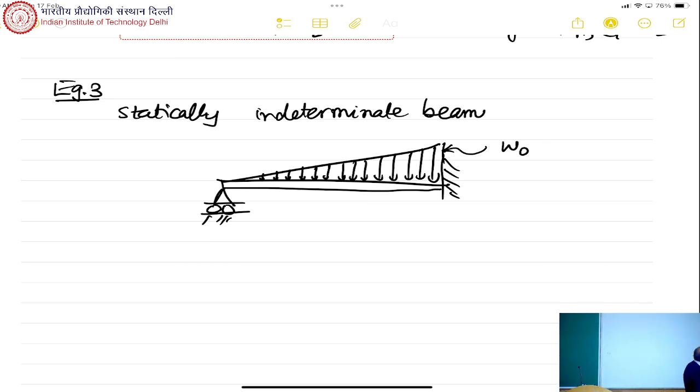I take a linearly distributed load where the load is W0 per unit length at the end L.